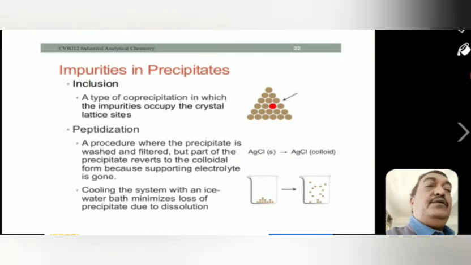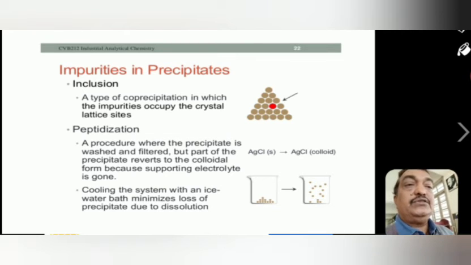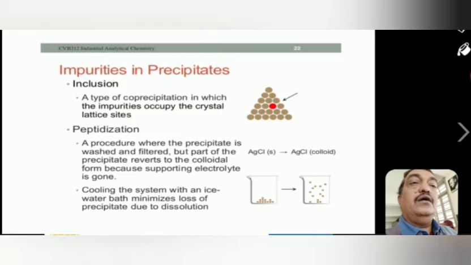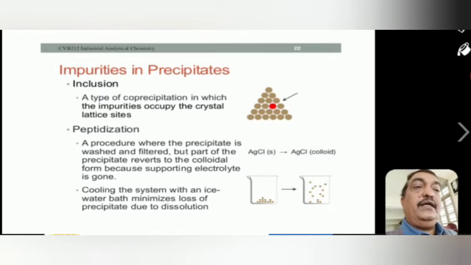But if the entire matter is covered with impurity, then that impurity, the red colored one, is a solid formation that is included inside the precipitate. That is called inclusion. So this type may affect the entire formation of the final PPT. Therefore, one has to take maximum care. Such things should not happen, and the removal of such impurity is very essential.